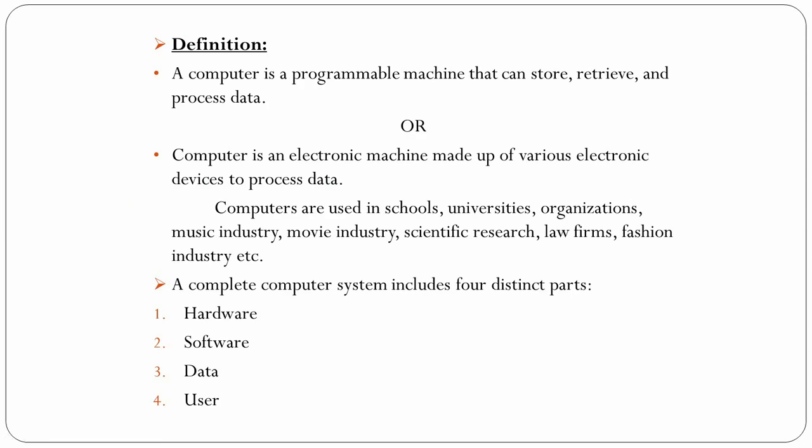Next, definition of computer. It is an important definition. A computer is a programmable machine that can store, retrieve and process data. Another definition: a computer is an electronic machine made up of various electronic devices to process data.